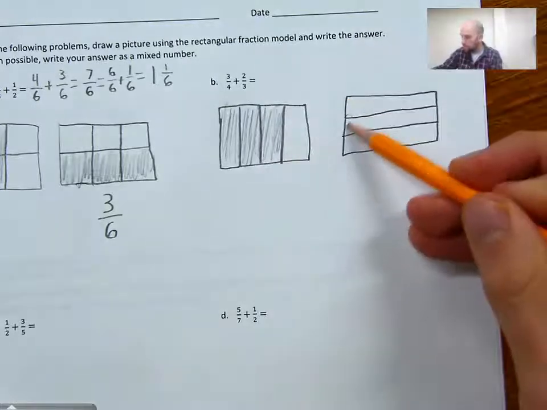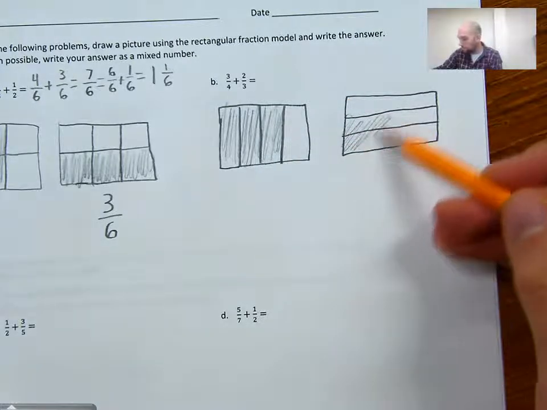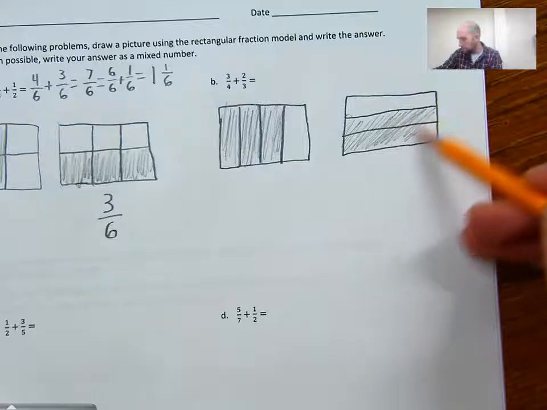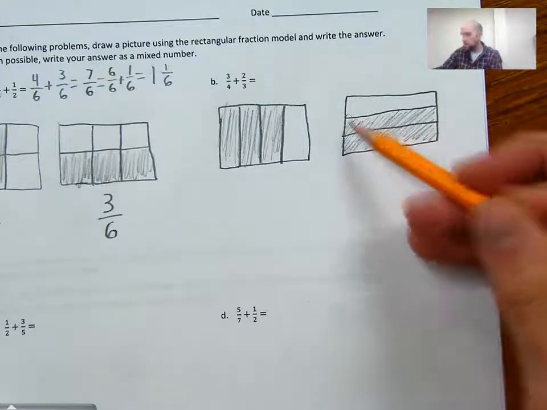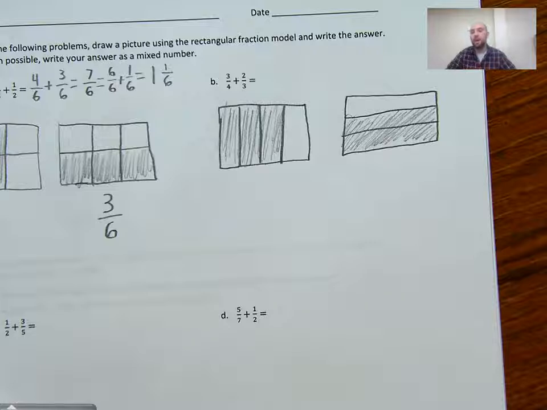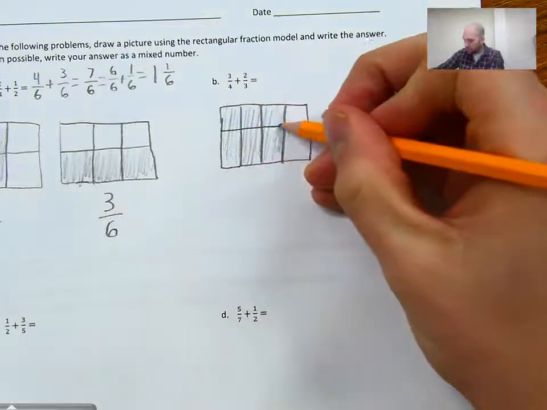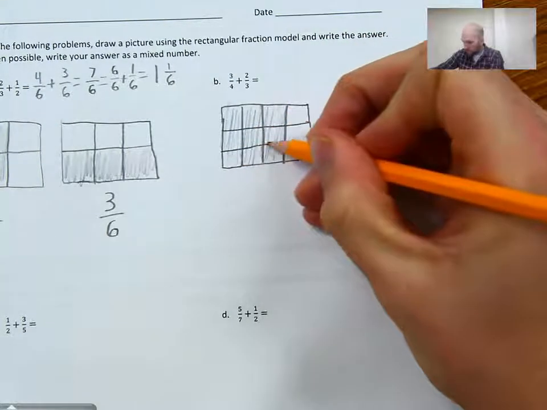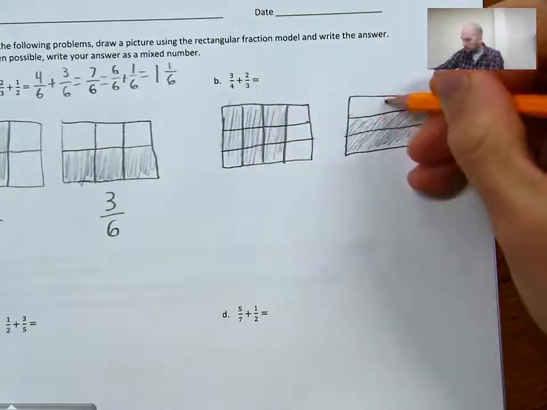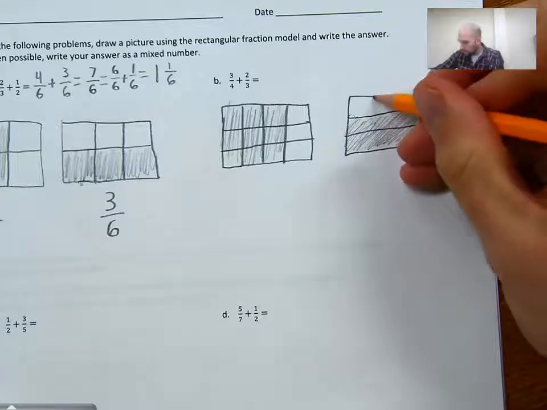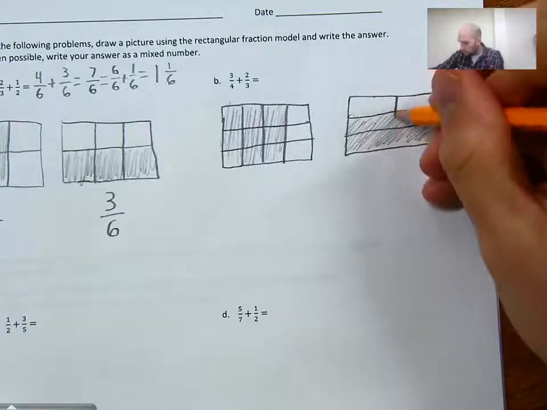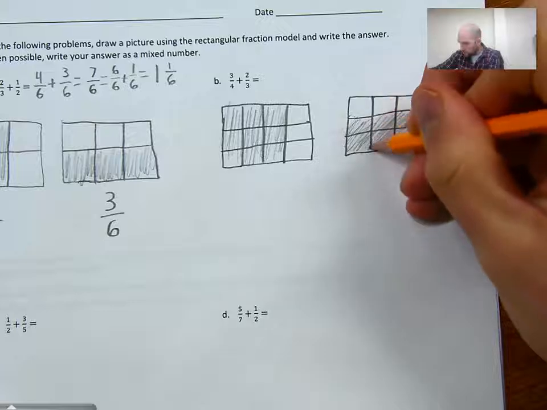And then 2 of these thirds to fill in. And we can already see if we added these shaded areas, we would have more than 1 whole rectangle. So it makes sense that we're going to have an improper fraction here when we add. We need to split these fourths into thirds, 2 horizontal lines, and then we need to split these thirds into fourths with 3 vertical lines.